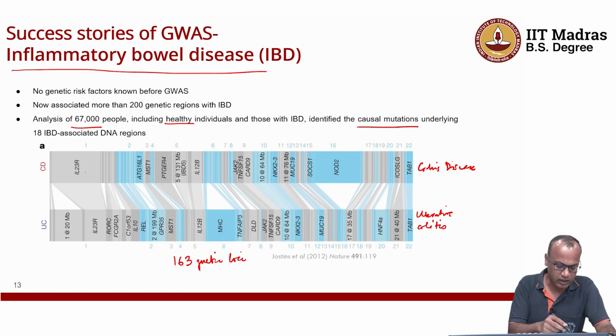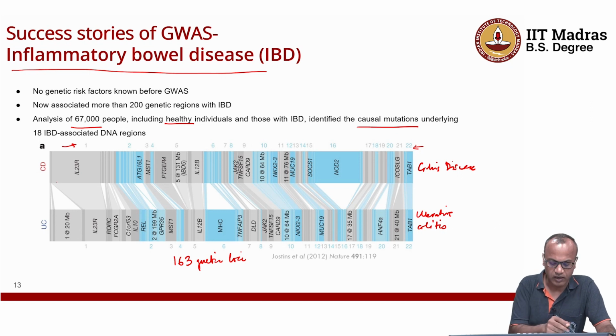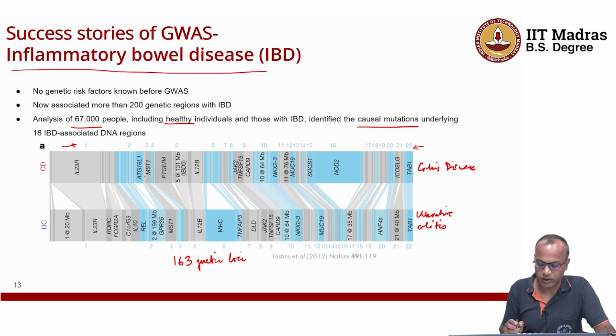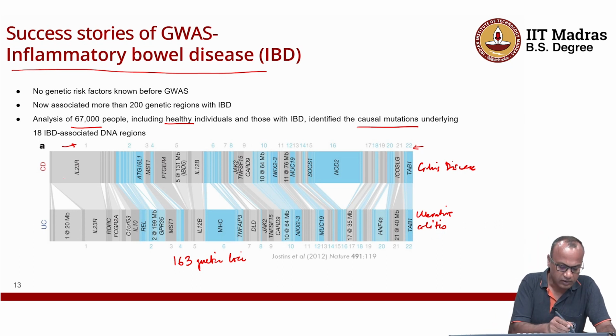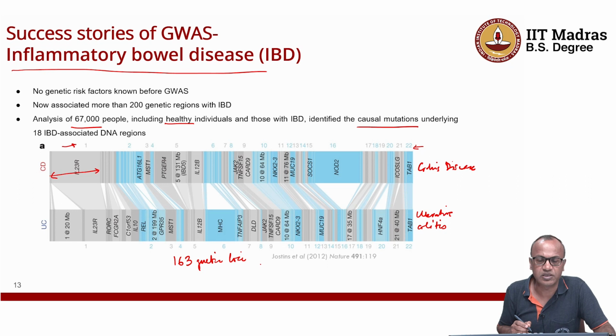And as you can see, there are several genes across different chromosomes. These are the chromosomes of humans, the 22 chromosomes. Different genes on different chromosomes are now known to be associated with Crohn's disease. Similarly, different genes on different chromosomes are known to be associated with ulcerative colitis. The breadth of a gene is indicative of how much that particular gene explains the total variation in Crohn's disease present in a population.